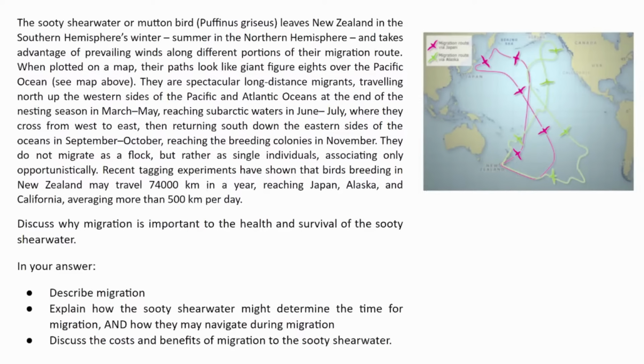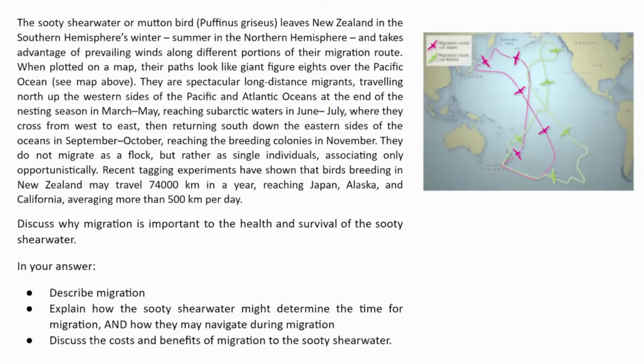So describe migration. That's where you're going to talk about what is migration, what is actually happening. Explain how the sooty shearwater might determine the time. So that's where you'll talk about the how. So how does it know when to go, the triggers. So it migrates once it's ready to breed, so that internal biological rhythm, reaching sexual maturity, and then also environmental cues that tell it the time of year as well, so day length, and how they may navigate.